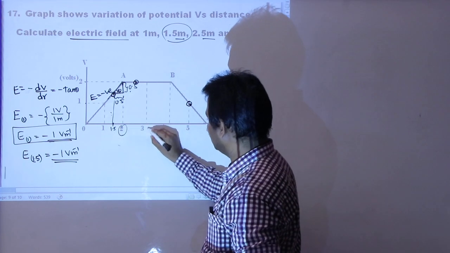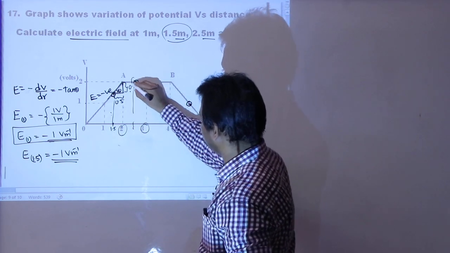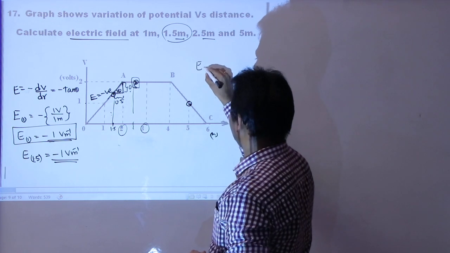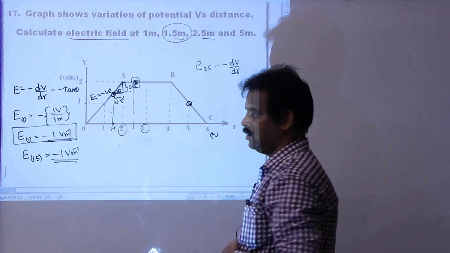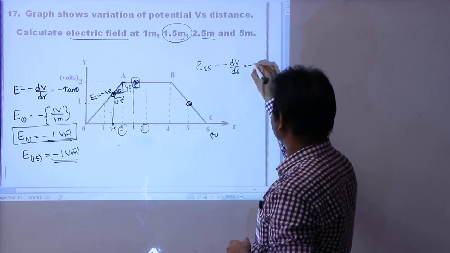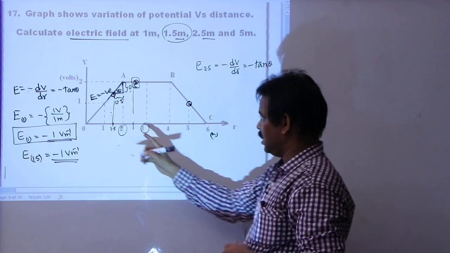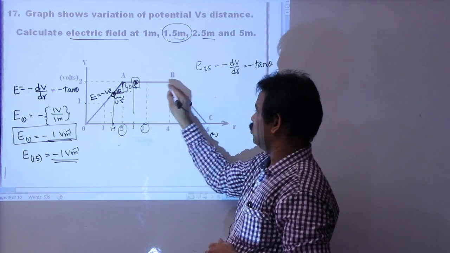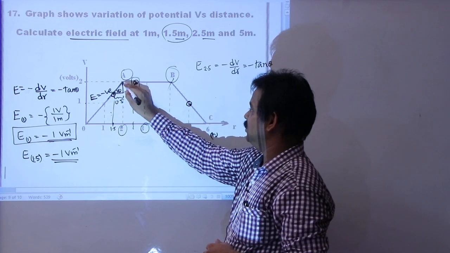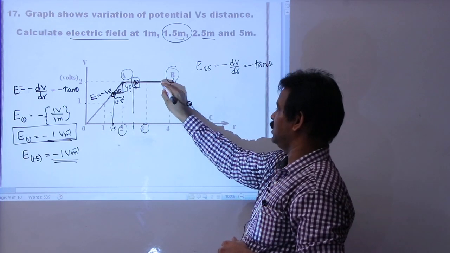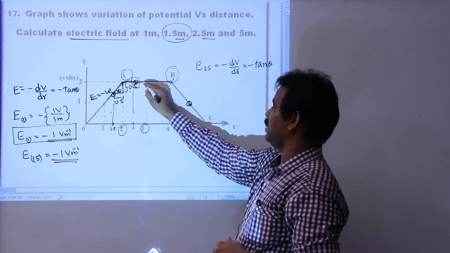Now, what is the electric field at 2.5 meters? This is 2, this is 3, so 2.5 is this point. The electric field at 2.5 is given by minus dV by dr, which is the angle made by this graph with the x-axis. If you observe this line between 2 and 4, between points A and B, the line is constant.